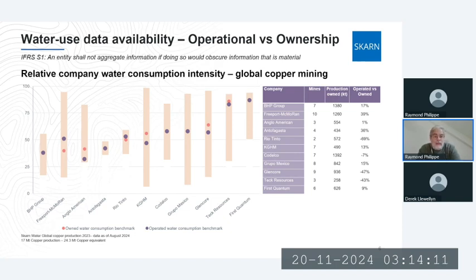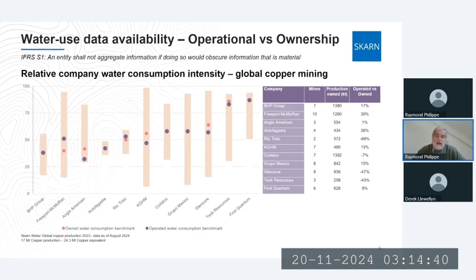And as you can see, the majority of the companies have very poor water consumption assets, and very good water consumption assets. And on the right side is the table that goes with that. So the majority have between 2 and 10 operating mines, with the owned production and the operated versus owned indicator.